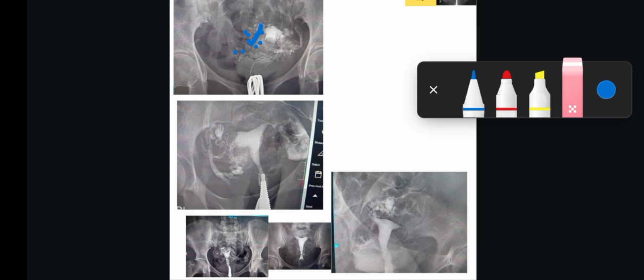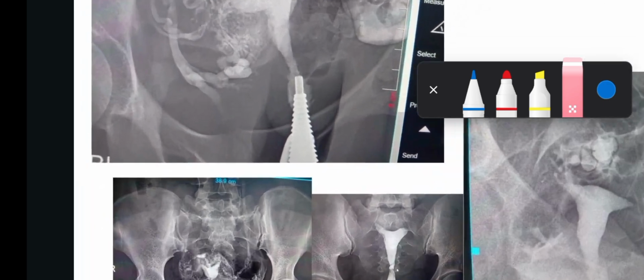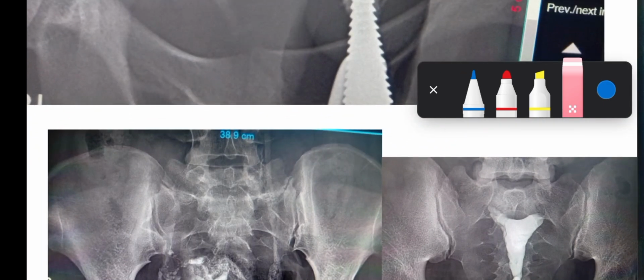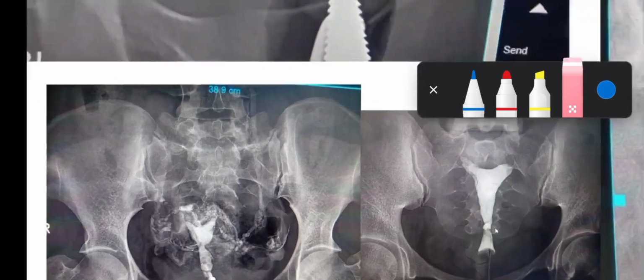Now, when such a case occurs, we halt the procedure and allow for some time, 30 minutes to 1 hour, so that those dyes or contrast can be reabsorbed back into the body and the clotting takes place to close those openings of the vessels so that contrast will not easily enter the vessel again.